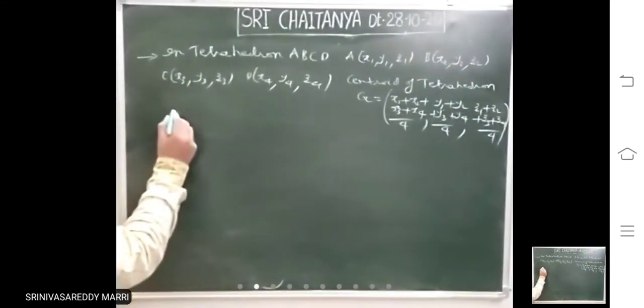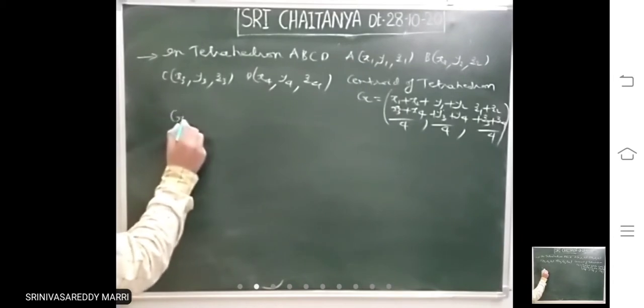Look at this, G is there, the centroid of the tetrahedron.